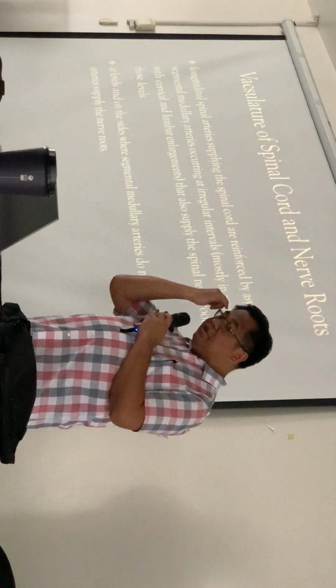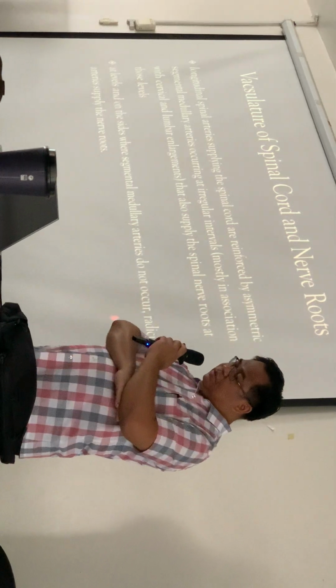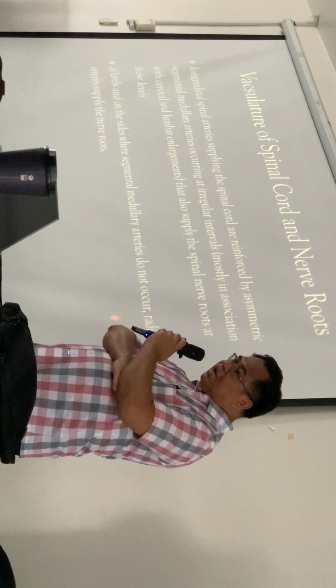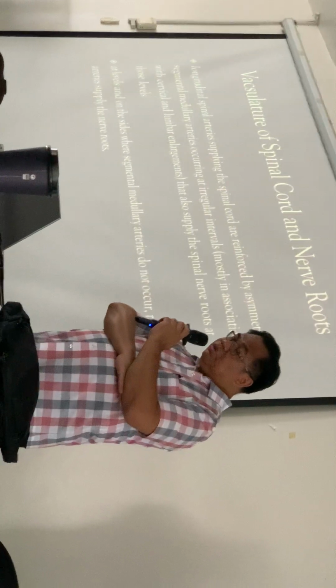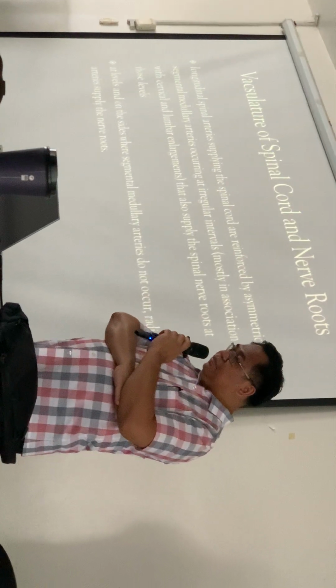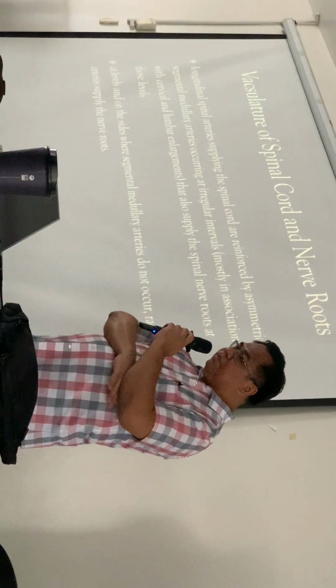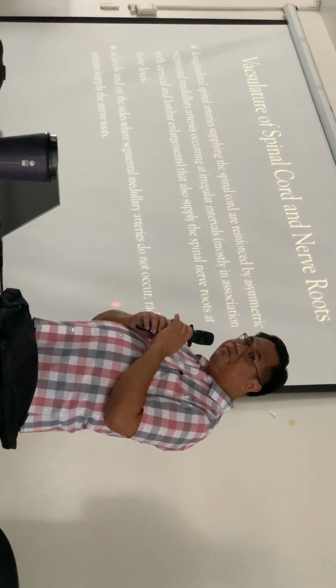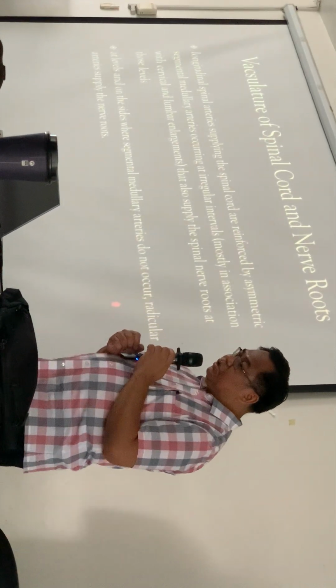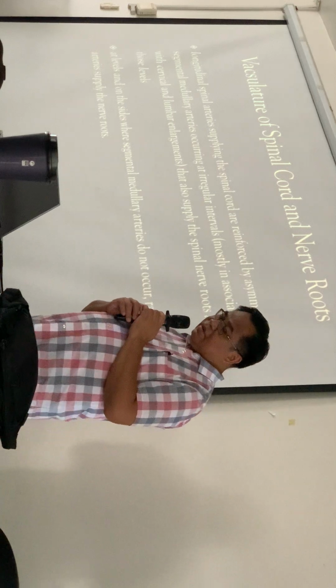So, vasculature of the spinal cord and nerve roots. The spinal cord is supplied by longitudinal spinal arteries. These are the anterior spinal artery in front and two posterior spinal arteries in the back.